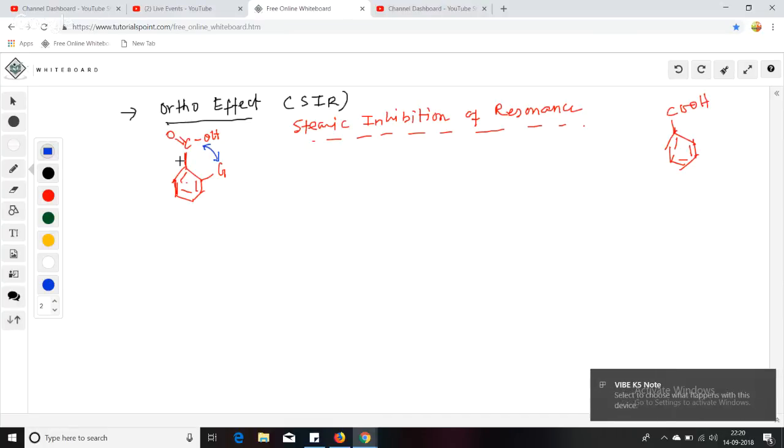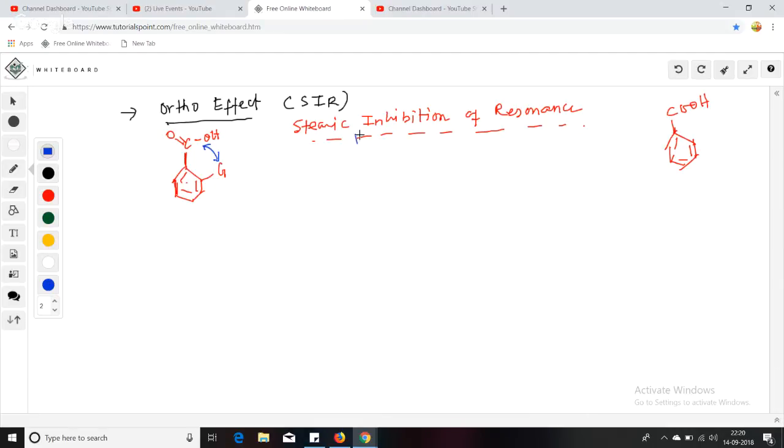Okay, so whenever we have any group present at ortho position, steric inhibition of resonance takes place, and this increases the acidity of the compound.